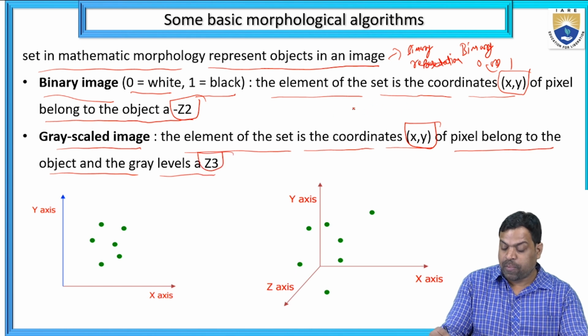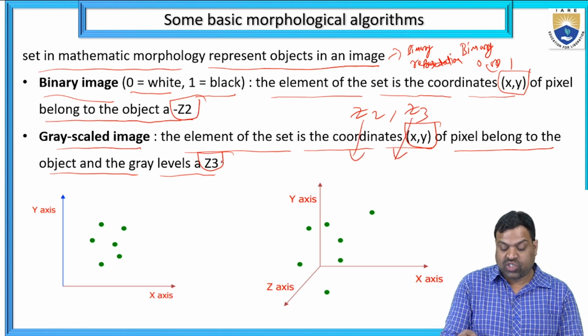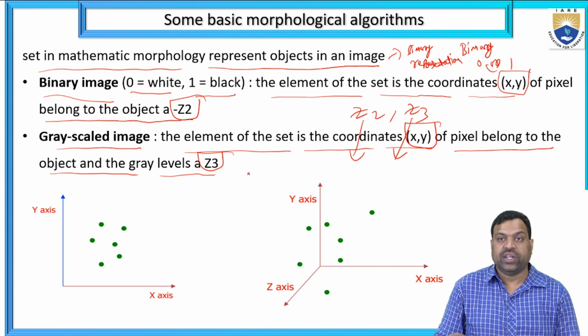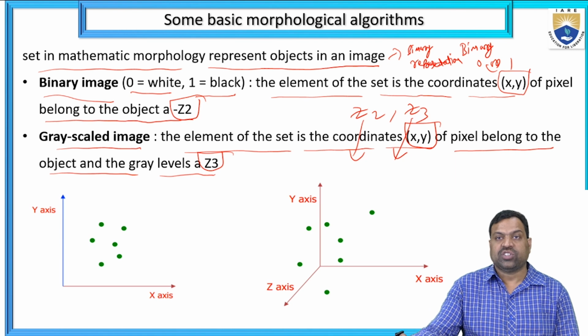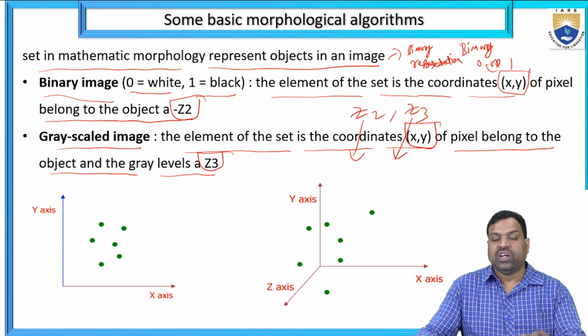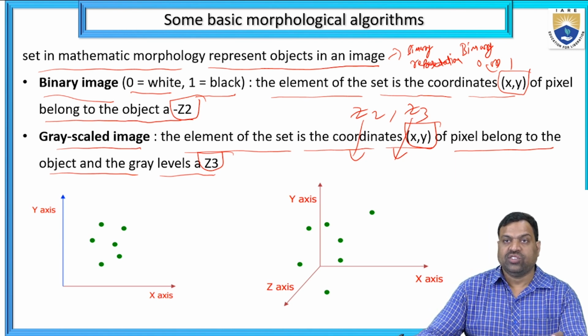So here I am taking Z2 and Z3. Z2 is the binary image and Z3 is the grayscale image. A binary image is nothing but zeros and ones. If the image is completely white, that is 0. If the image is black, that is 1. So the element of the set is the coordinates x, y of a pixel belonging to the object in Z2.